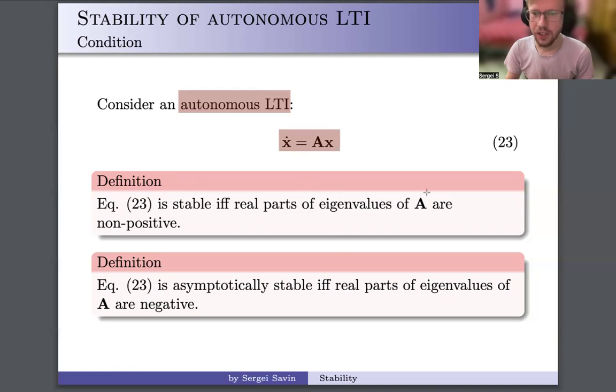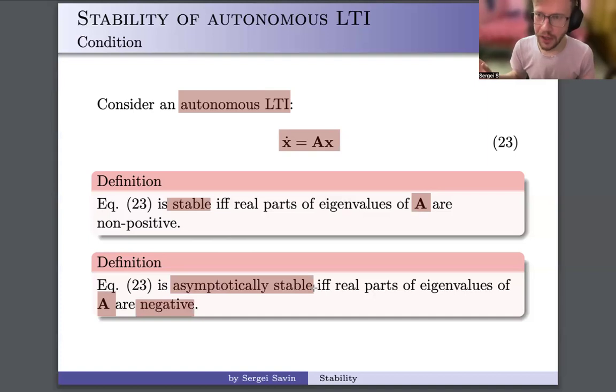If the real parts of the eigenvalues of A are non-positive, then it is marginally stable, or we can just say stable. If the real parts of the eigenvalues of A are strictly negative, it is asymptotically stable.